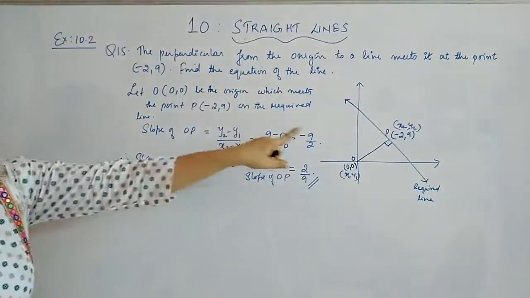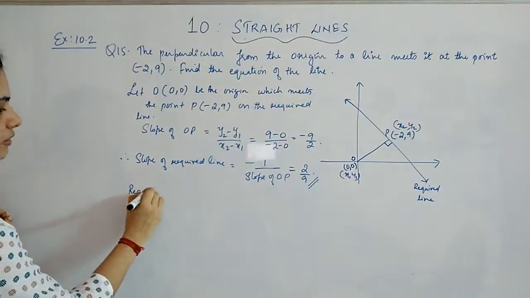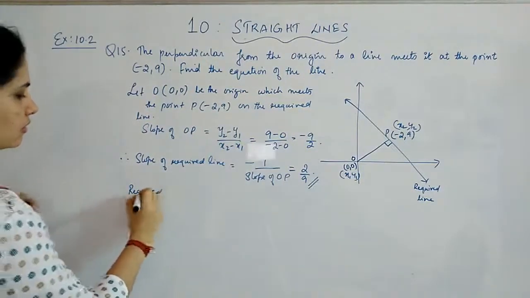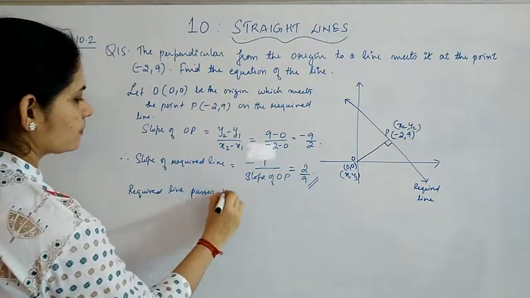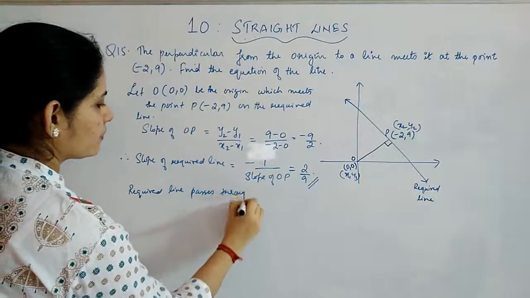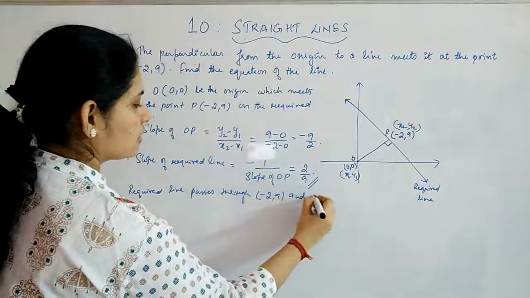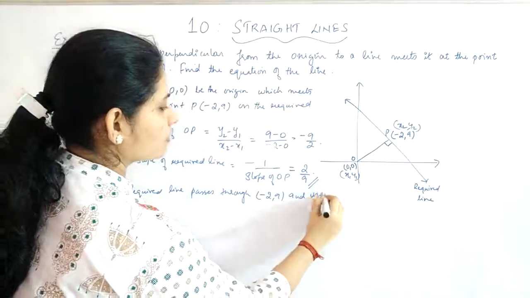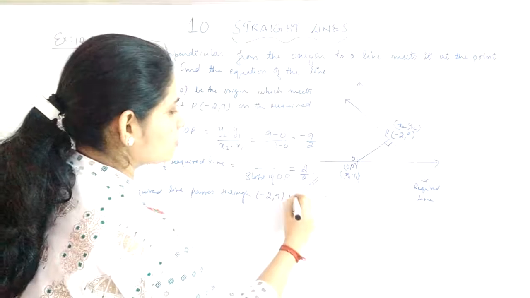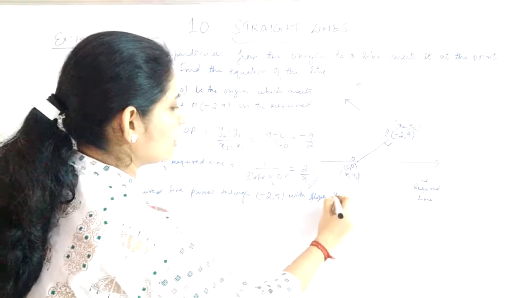Now you have 1 point on that line also. So the required line passes through -2, 9 and with slope 2 by 9.